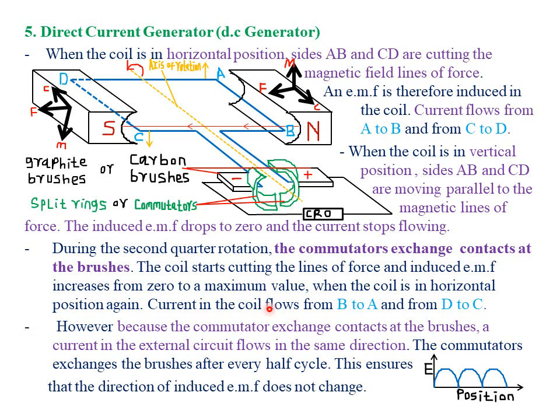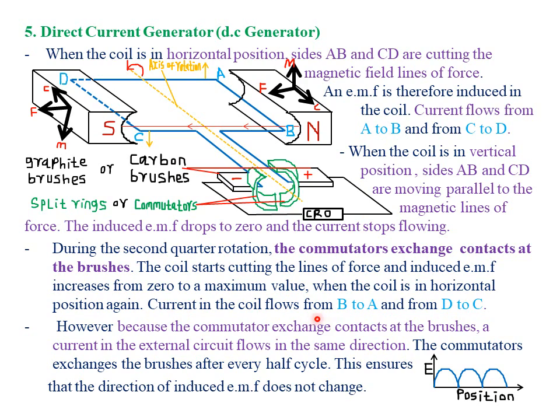So the current in the coil flows from B to A, then D to C. Because the side DC has replaced AB, we expect the current to be moving from D towards C, since it was moving from A to B, but A has been replaced by D, and B has been replaced by C. Then on this side, because A has replaced D and B has replaced C, the current will be moving from B towards A. So the current in the coil flows from B to A and then from D to C.